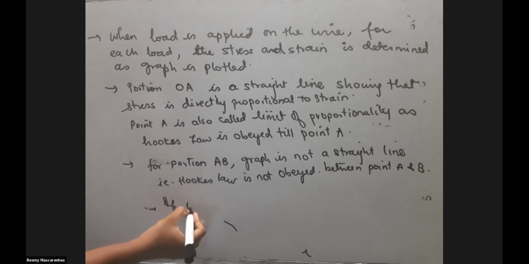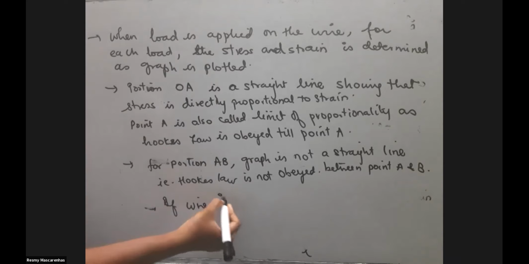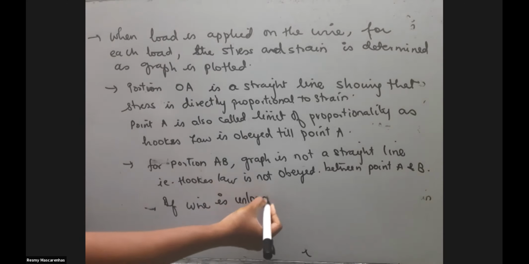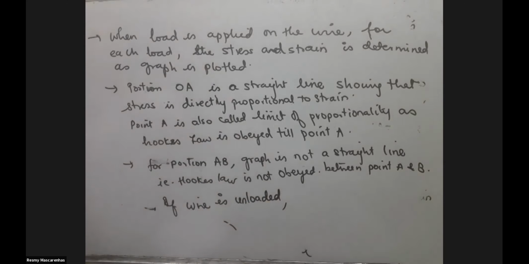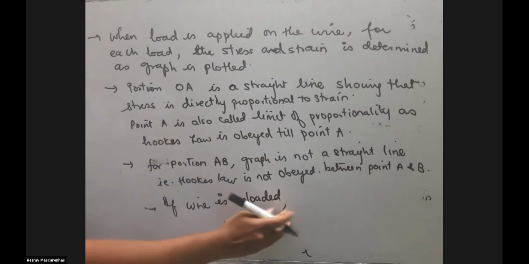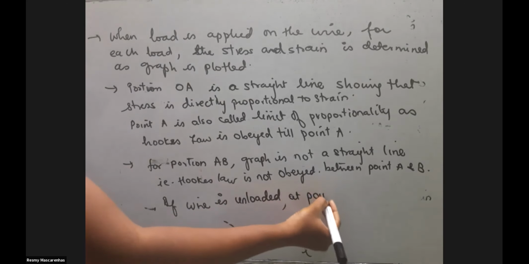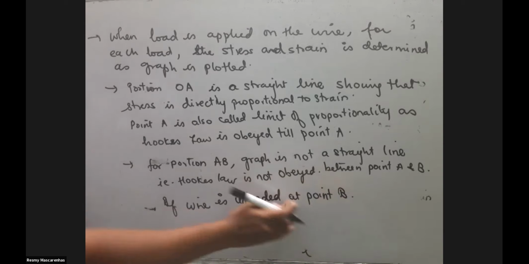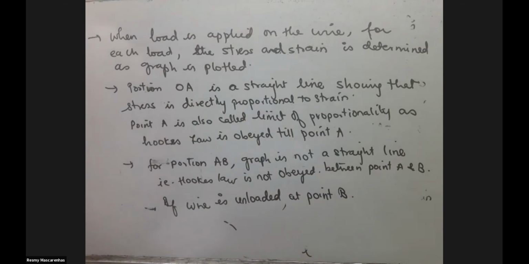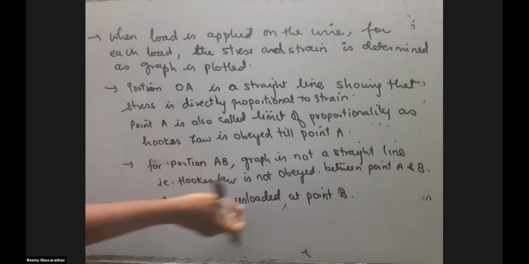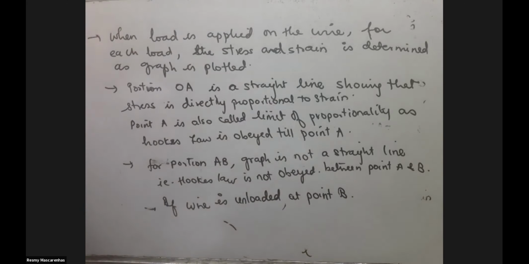If the wire is unloaded, unloaded means the load is removed, still it is within its elastic limit. Till point B, it is within its elastic limit. Even though it is not obeying Hooke's law, there is still elasticity.